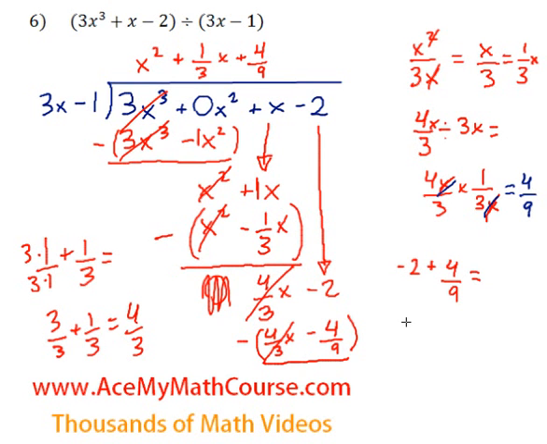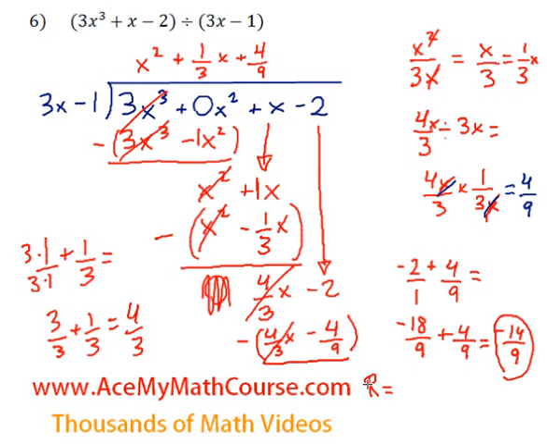And the negative 2 is equivalent to negative 18 over 9, because we need a common denominator between 1 and 9 to add the fractions. And of course I just multiplied the 2 by 9 to get the 18. So negative 18 plus 4 is negative 14. And the 9 just stays down at the bottom as the denominator. So this is our remainder.